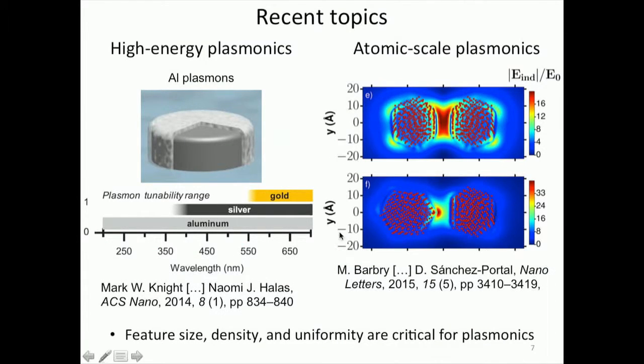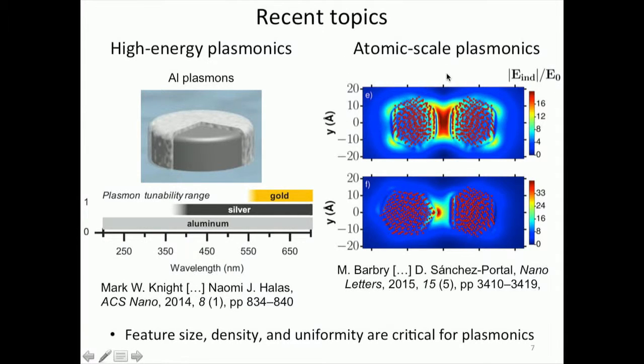Some recent topics in plasmonics include high energy plasmonics. In this interesting work from Naomi Halas's group, they show that you can tune the energy of the surface plasmon from the visible down to the UV, down to 250 nanometers. There are a lot of people looking for other different materials that could sustain surface plasmons at high energies or small wavelengths. Another interesting recent topic in plasmonics is atomic scale plasmonics.